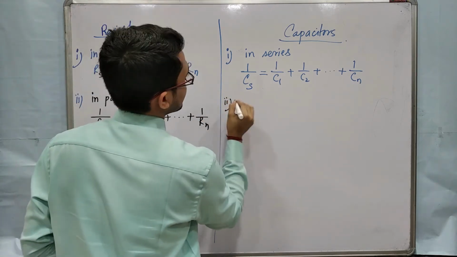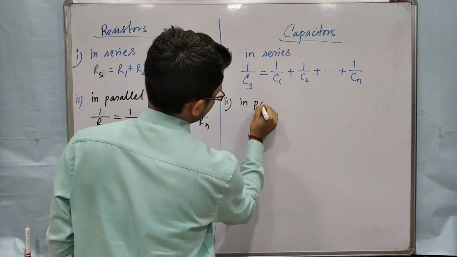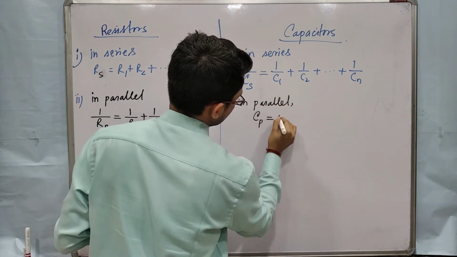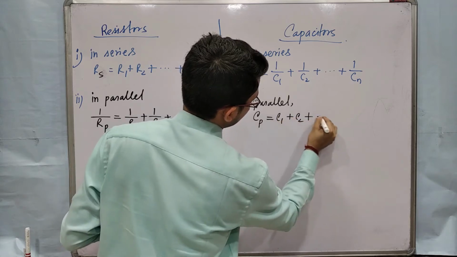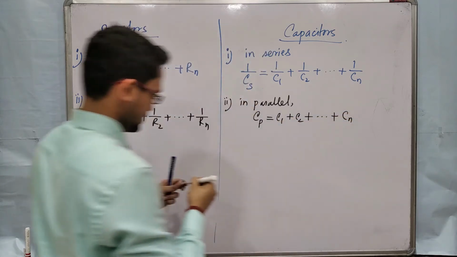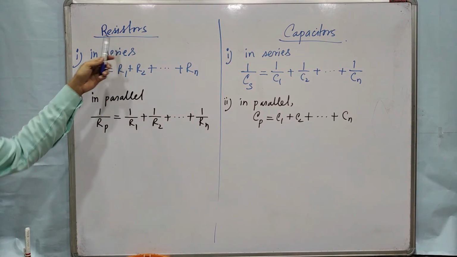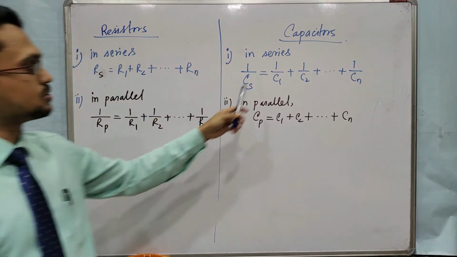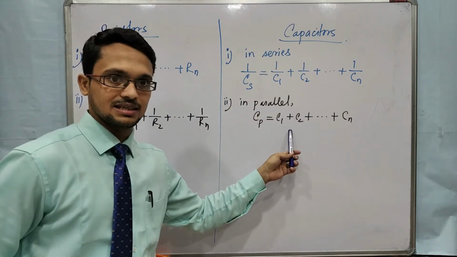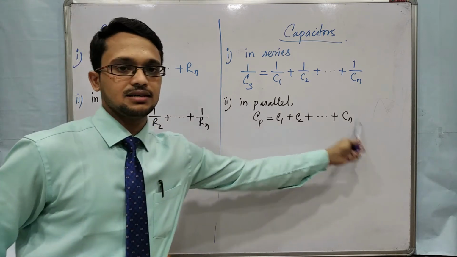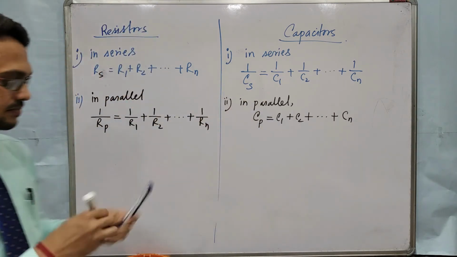Second point, for capacitors in parallel combination, C parallel equals C1 plus C2 plus dot dot dot Cn. So the formula of resistances in series is equivalent to the formula of capacitances in parallel. Normal addition. So remember in this way.